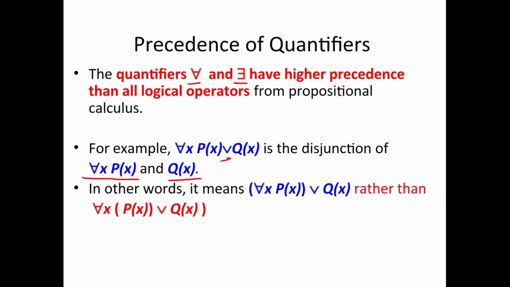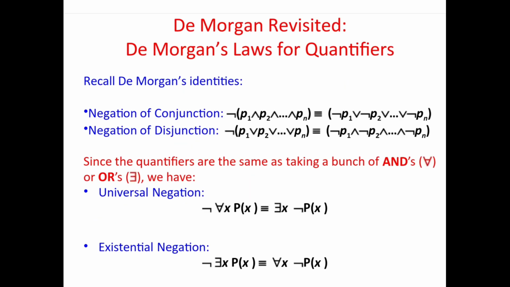In other words, it means that for all x of p of x or q of x, rather than for all, it cannot be combined like that. So it should be separate, this one and this one. So we have here the De Morgan's laws revisited, or De Morgan laws for quantifiers.